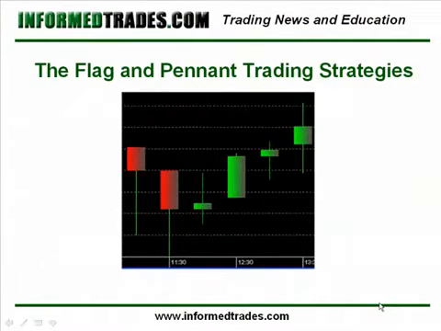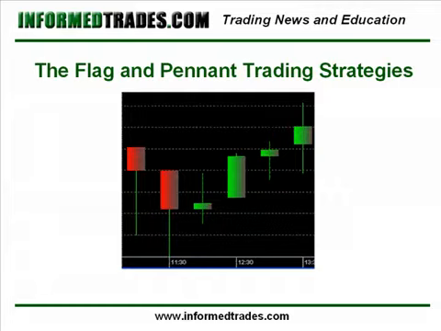Okay, so as we've learned in our last lesson, when you spot a flag pattern in an uptrend, this is a bullish sign, as the market consolidation which forms the flag is seen as a pause before a resumption of the original uptrend. As this is the case, traders will commonly look to enter a long position.